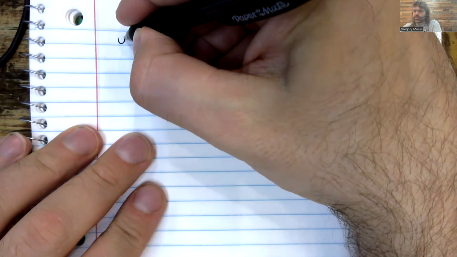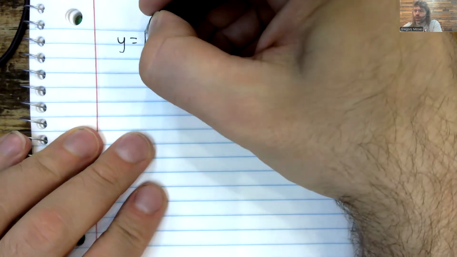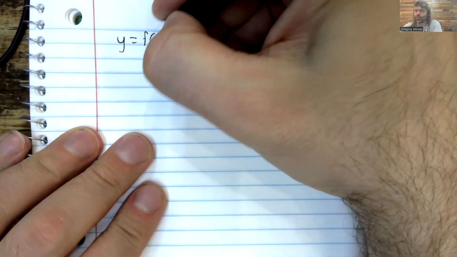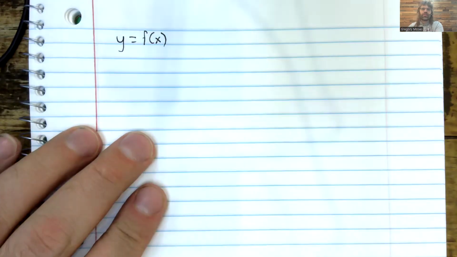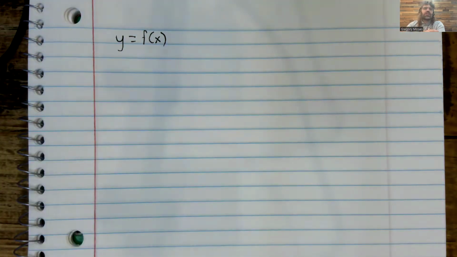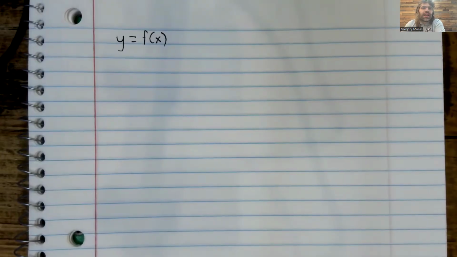So if you've got a function, y equals f of x, presumably in the real world, y and x both have units. And then you take the derivative, and the derivative is a rate of change. The derivative has units as well.